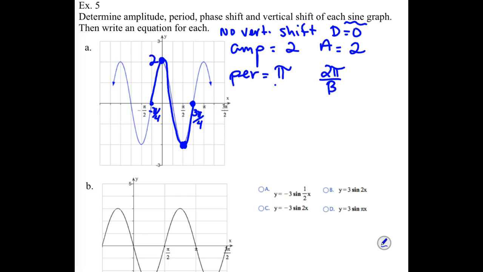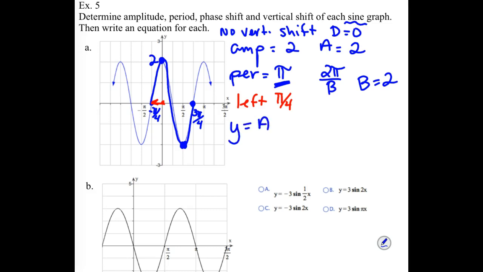And if we're getting a value of 1 pi, that means b must be 2 to make that compress down. And then we've also looked at a phase shift, because instead of starting here at 0, we've moved left pi over 4. So moving left pi over 4 means our c divided by b piece would be positive pi over 4.